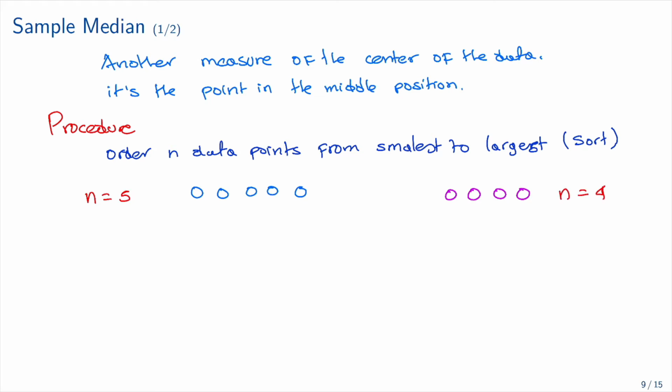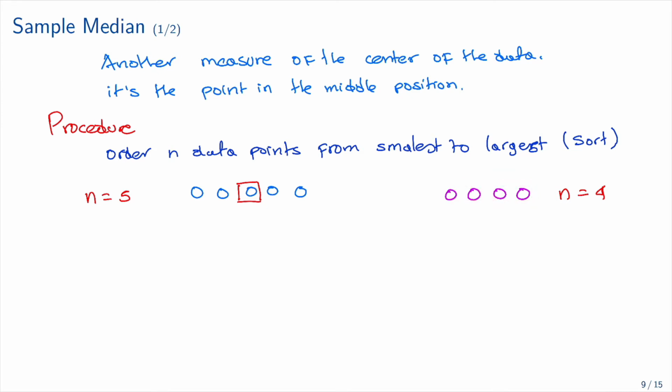So in the first case it's easier to find out what's the middle one, because we have 2 at one side, 2 at the other side, and so we know that this is the position in the middle. In the second case, however, we have 2 on this side and 2 on this side, and there is nothing in the middle.